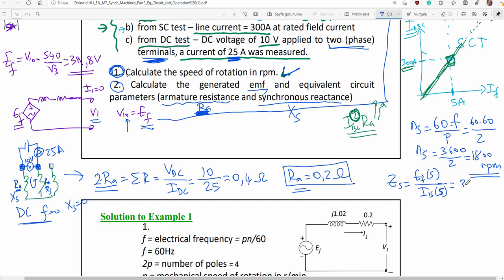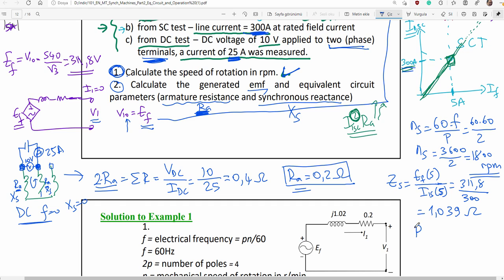They were 311.8 over, here were 300 amps. Let me calculate it, 311.8 over 300 makes 1.39. That is the impedance.